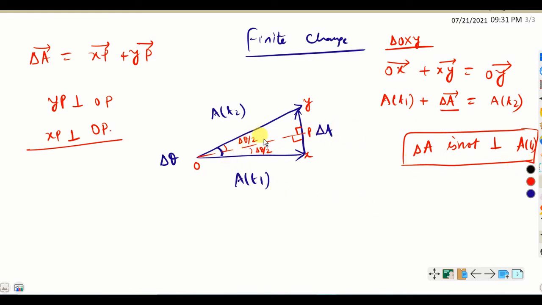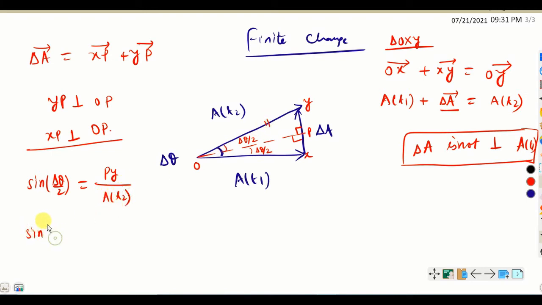Very good. Now we can employ a trigonometric result: sine of delta theta over 2 is equal to PY over the hypotenuse, which is A2, in triangle OPY.